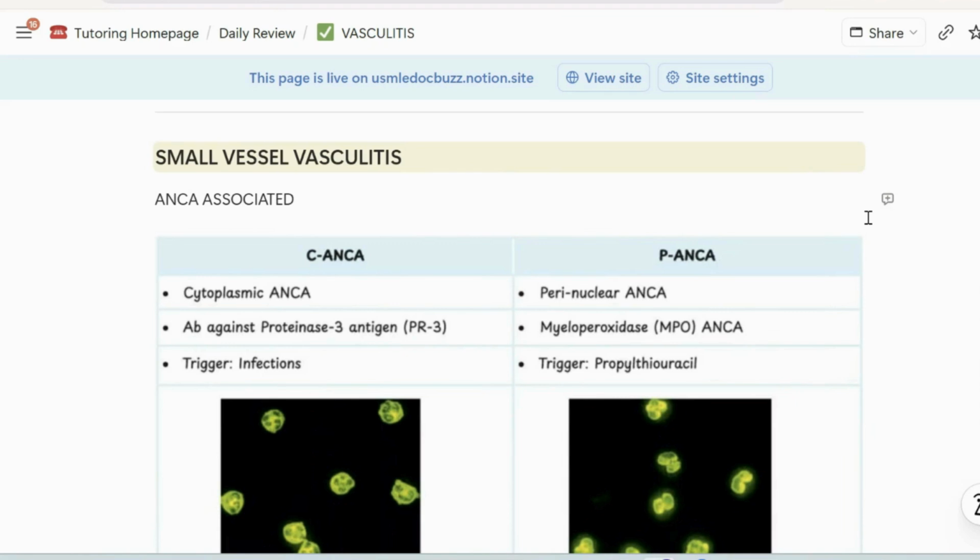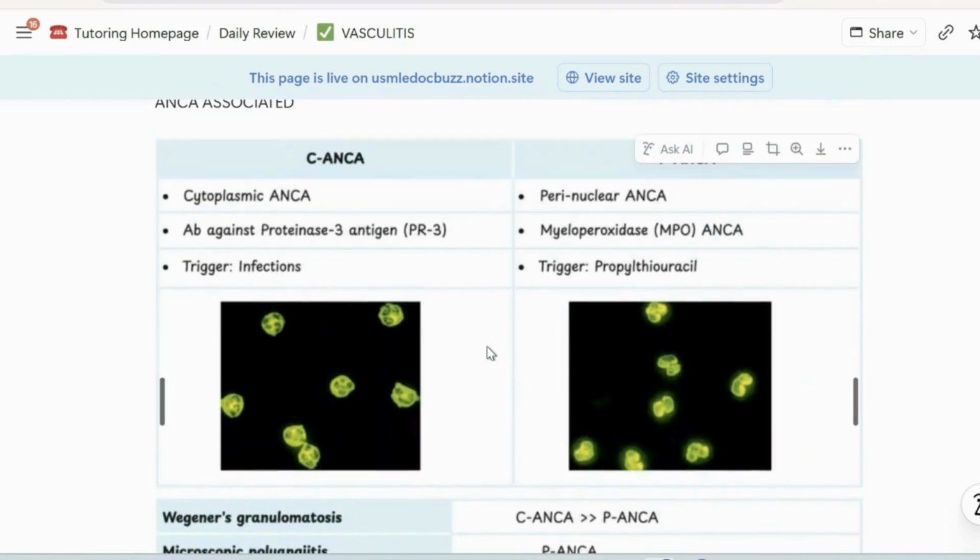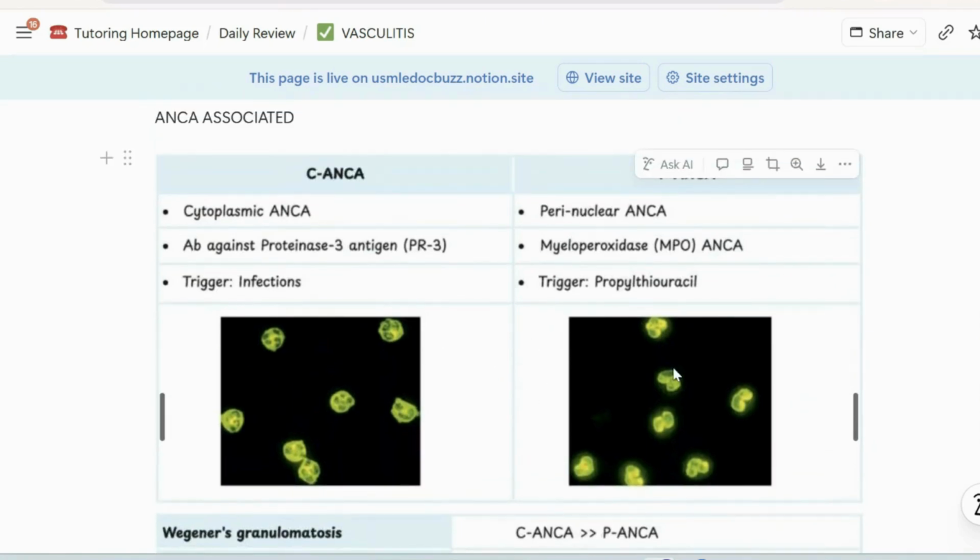How are you going to treat that? You're going to use PTU. So if the person is then presenting with some sort of vasculitis, you know which direction they want you to go. Okay, so P ANCA versus C ANCA, the major differences are given to you. Now, tomorrow they can start to give you these different P ANCA and C ANCA visualizations.